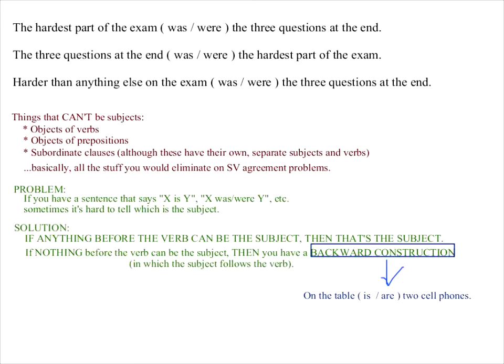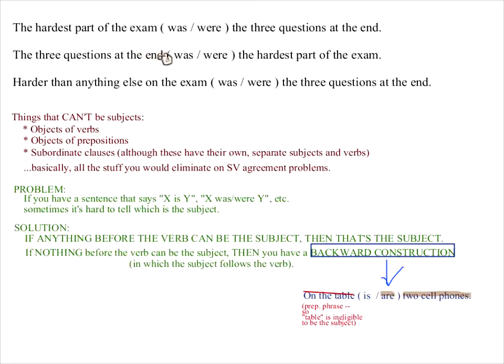The reason is that on the table is a prepositional phrase, so table is ineligible to be the subject. The only thing left is 2 cell phones. That has to be the subject, and so 2 cell phones are.